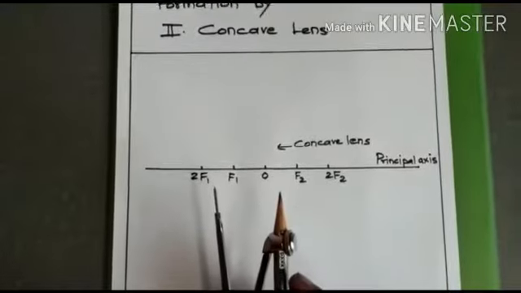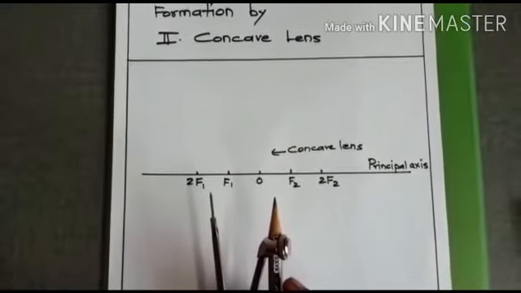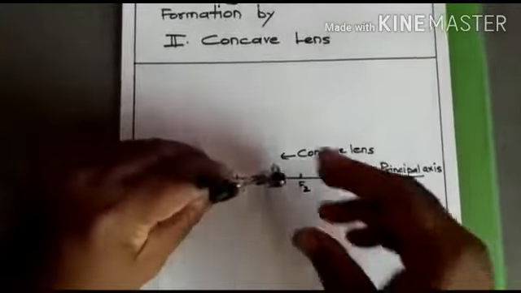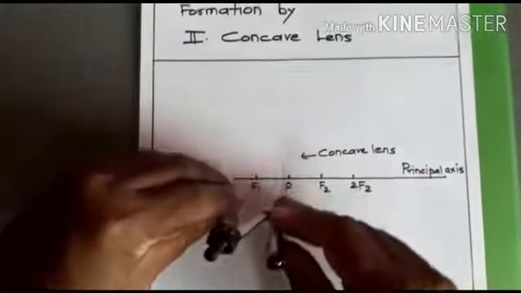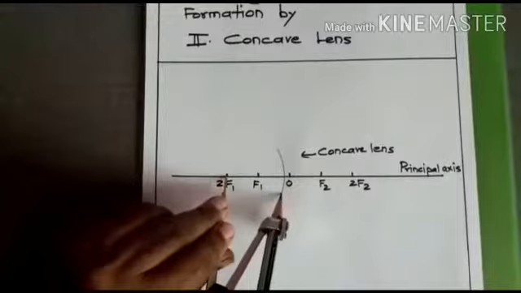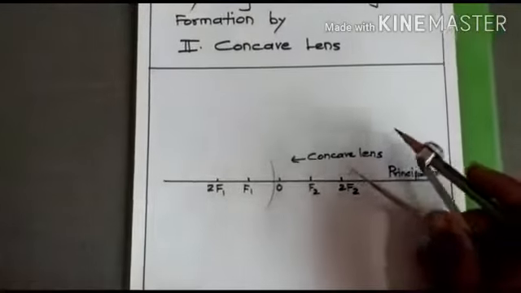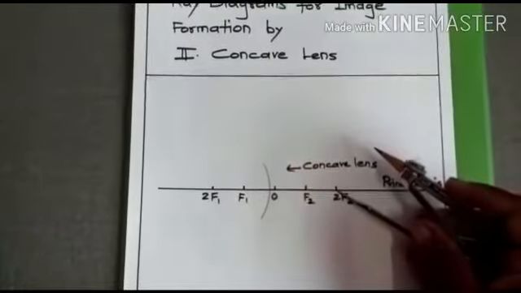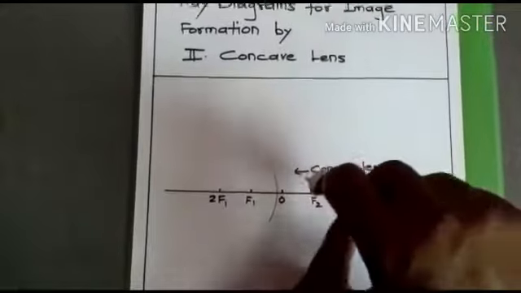Use a compass to draw the two arcs of the concave lens. Take the same distance to draw the second arc of this concave lens.